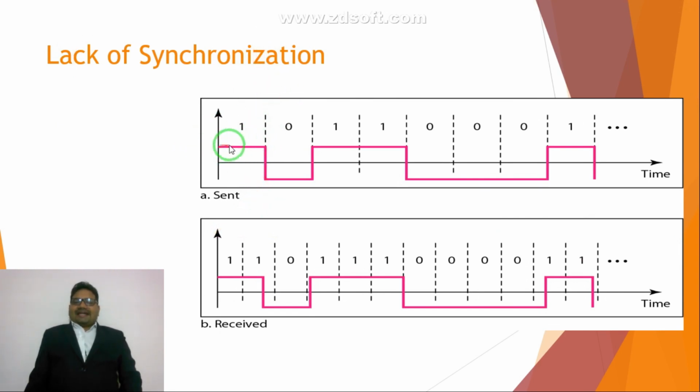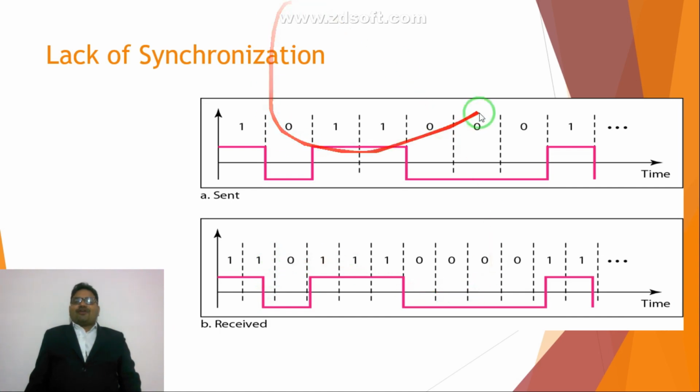If a 1 is transmitted for one bit, the receiver takes it as two bits, and in the middle of the bit, the clock circuitry makes a transition. So it may happen that a 0 is being transmitted for this clock pulse, and the receiver gets confused whether it is a 1 or a 0.